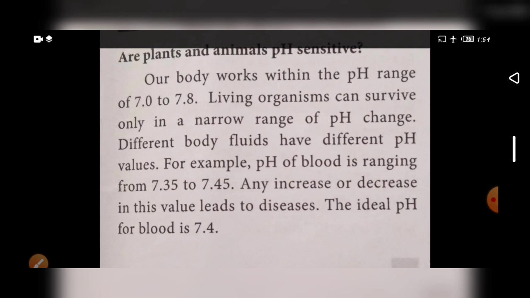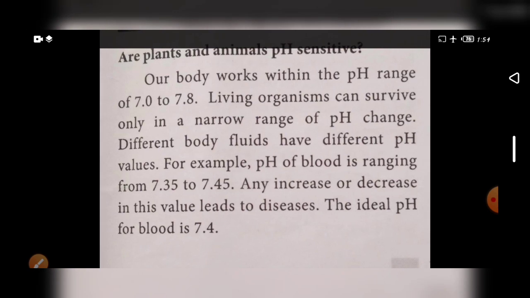For example, the pH of blood ranges from 7.35 to 7.45. Any increase or decrease in this value leads to diseases. Suppose it decreases, it leads to anemia. So they have given the exact average value of blood. The ideal pH for the blood is 7.4.